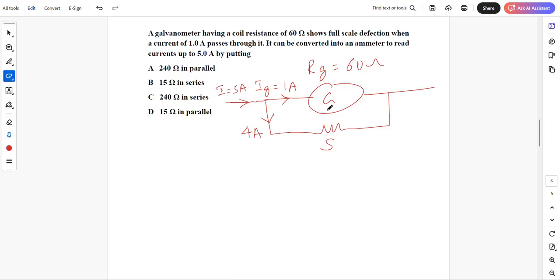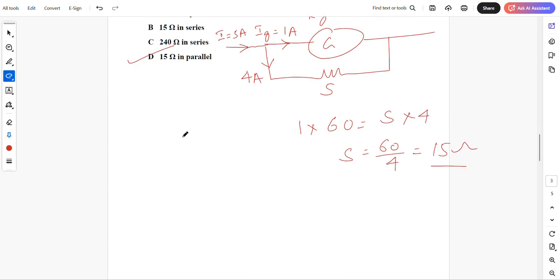Now equate these two: Ig into Rg, 1 into 60, is equal to S into 4. S is equal to 60 by 4, 15 ohm. We are connecting 15 ohm, a small resistance, in parallel with the galvanometer. Hope you understood.